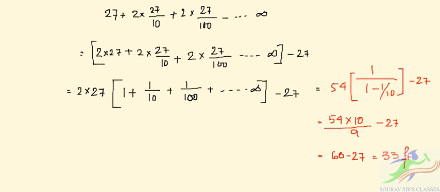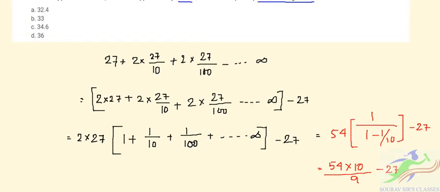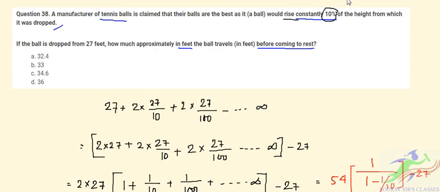Our correct final answer is 33, and the correct option is B. So if the ball is dropped from 27 feet, it will travel approximately 33 feet before coming to rest.